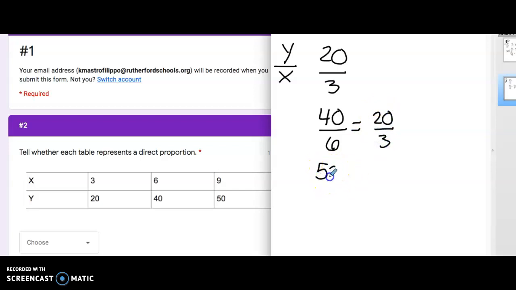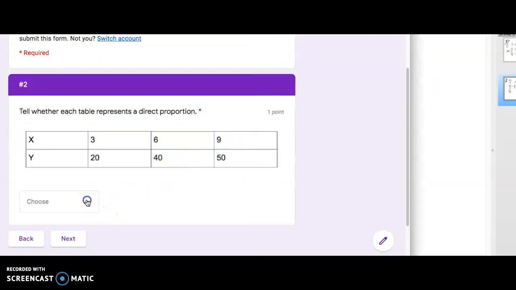Then I have 50 over 9. 50 over 9 I cannot simplify. 50 over 9 does not match the 20 over 3, so this is not a direct proportion table. So I'm going to choose no. If it is no, we cannot find a constant and we cannot write an equation.